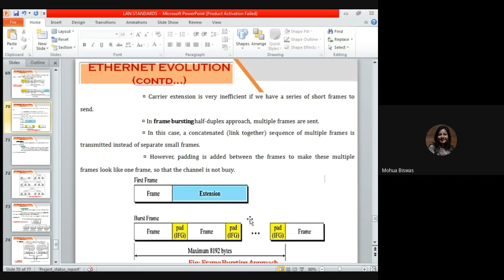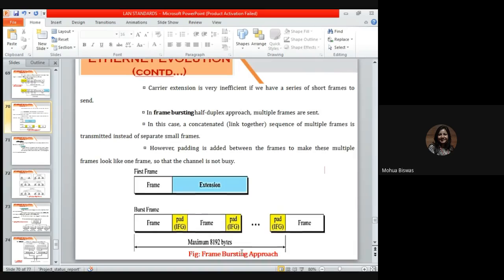And the last one is frame bursting. What will happen? Instead of transmitting a single frame at a time and then waiting for the acknowledgement to come, it will transmit multiple frames at a time.